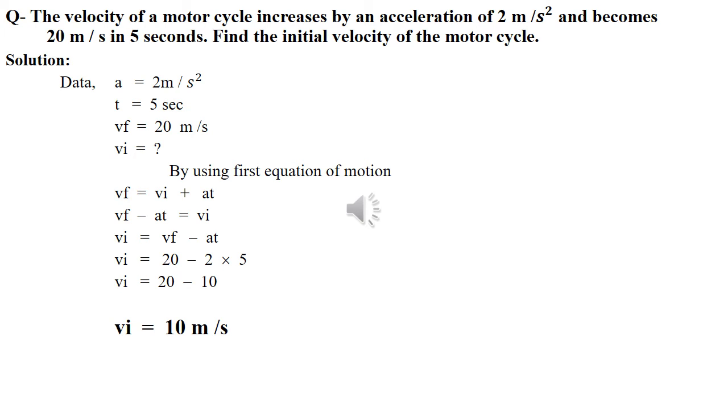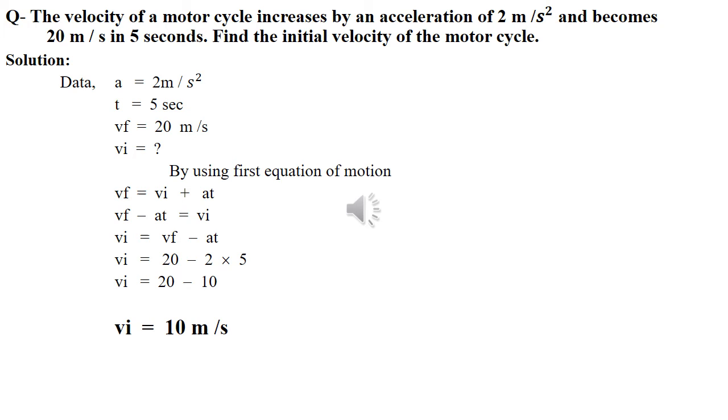As we learn in this question, velocity increases by some acceleration, and acceleration is 2 meter per second square, and velocity becomes 20 meter per second, which is final velocity, but we have to find the initial velocity of this motorcycle.